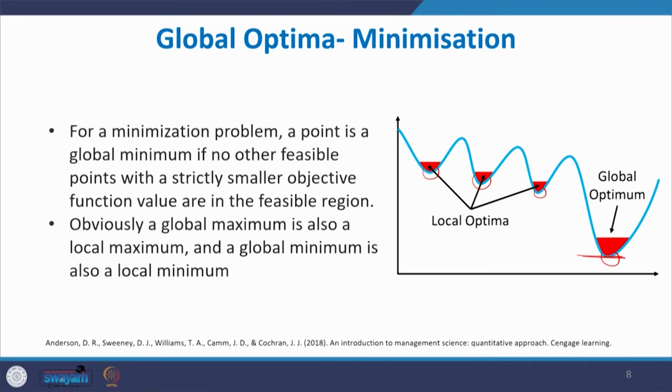For a minimization problem, a point is a global minimum if no other feasible points with a strictly smaller objective function value are in the feasible region. Obviously, a global maximum is also a local maximum, and a global minimum is also a local minimum. This is one of your local minima, but at the same time it is the global minimum.